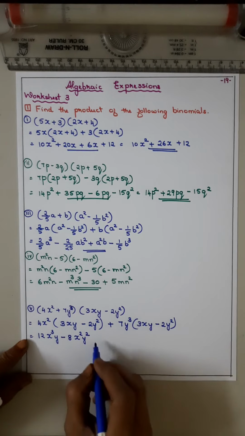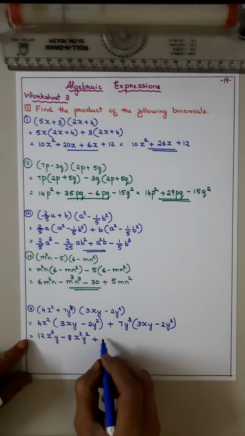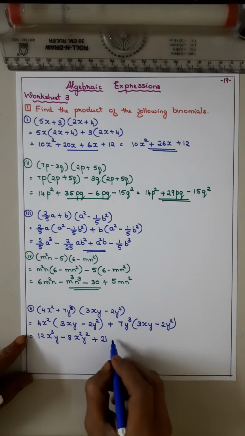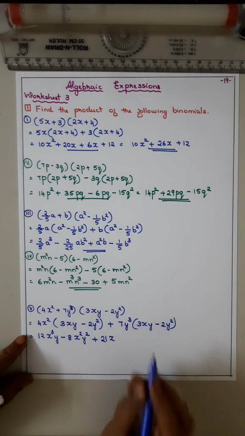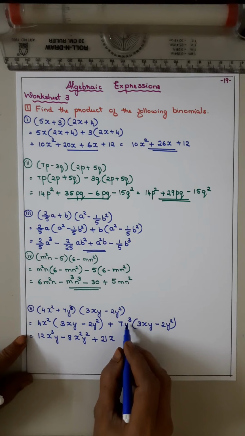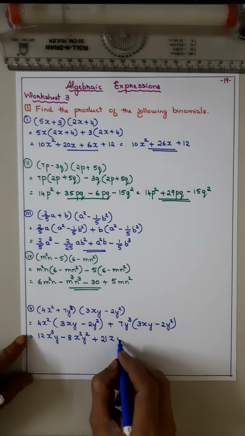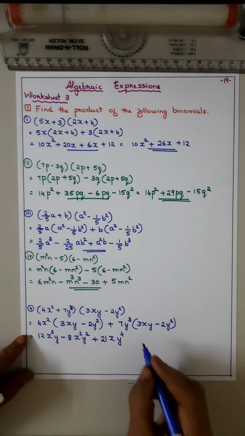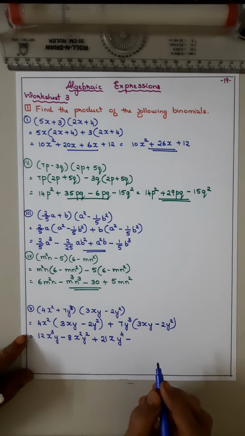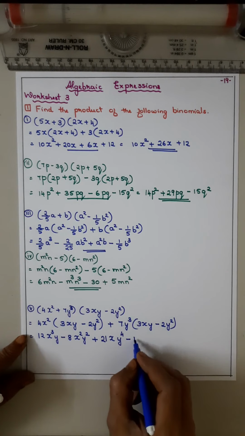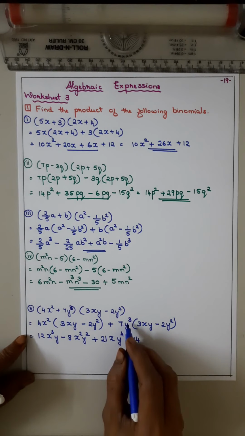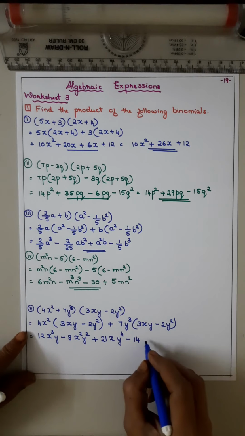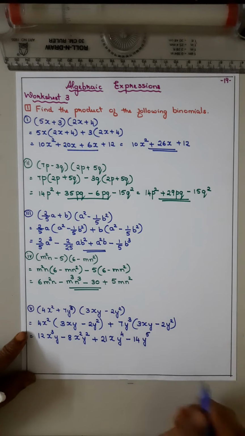Now plus plus plus, 7 3s are 21. Now x, here it is not there, here it is there. Y cube and y means y to the power 4, 3 plus 1, 4. Now plus minus minus, 7 2s are 14. Y cube times y squared means 3 plus 2, that is y to the power 5.